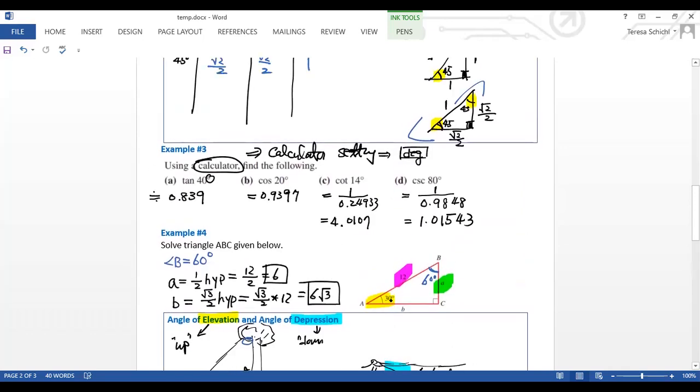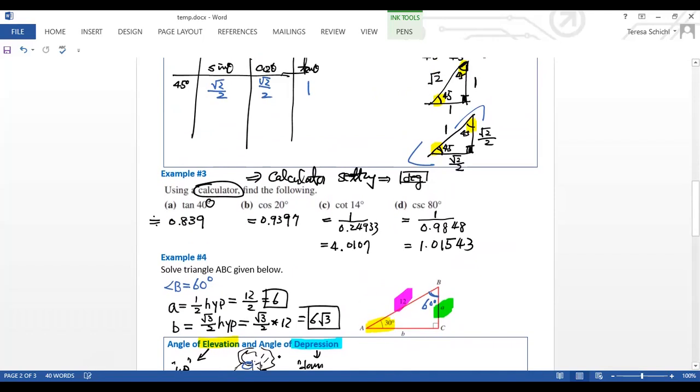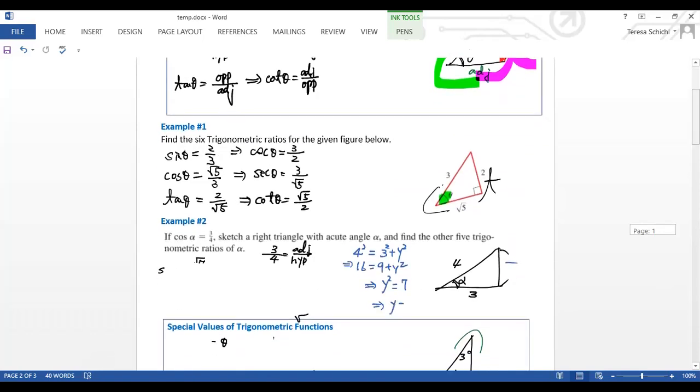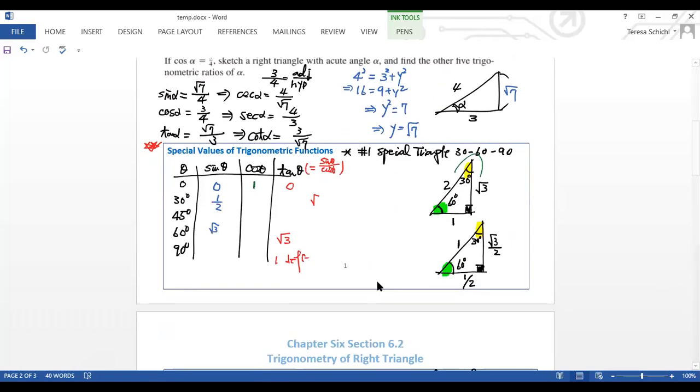The two key things to learn in this section are the applications, meaning the angle of elevation and the angle of depression, and the special triangles: the 30-60-90 and the 45-45-90 triangles.